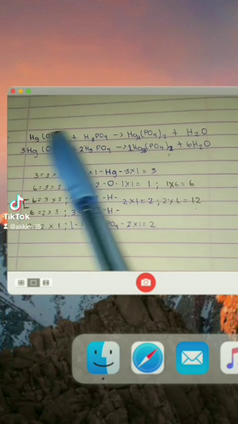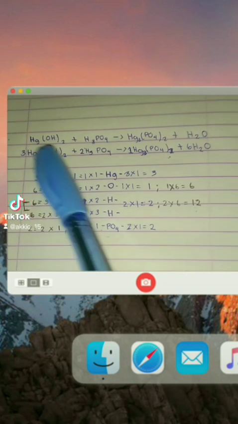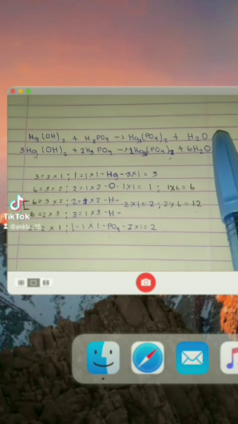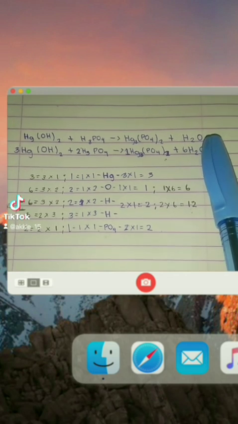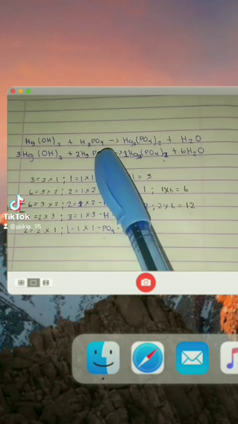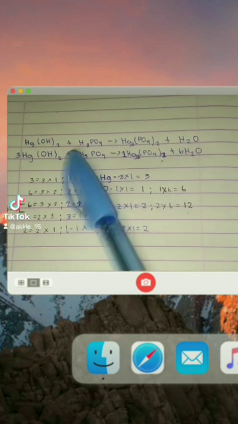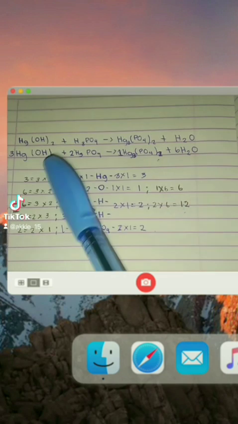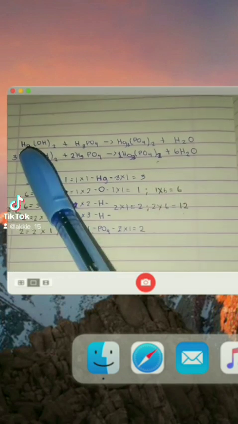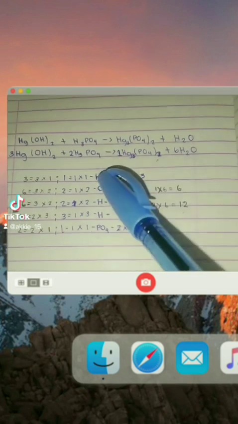This is the reactant side, and this is the product side. So let us proceed to rule number 3. Let us count the total number of atoms or ions of each element on the reactant side and the product side. We have our first element, mercury, Hg.